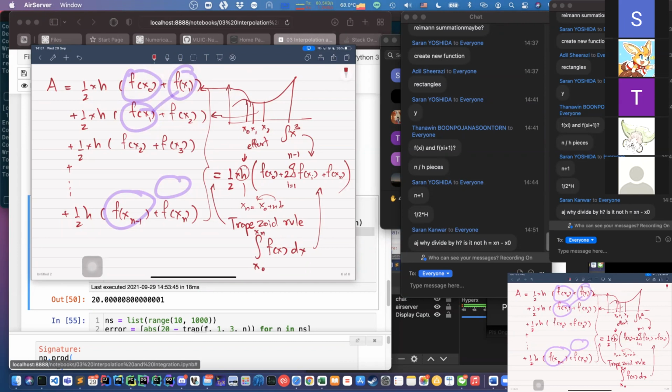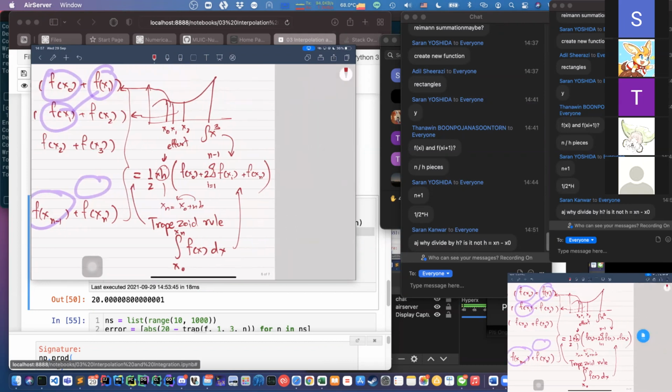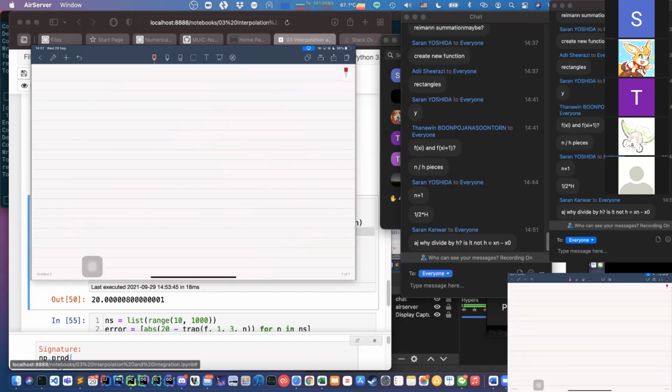Let me show you how good this thing is, even though the idea looks so simple. To understand this, we're going back to the very basics. I told you last class that everything in this class is essentially Taylor series.